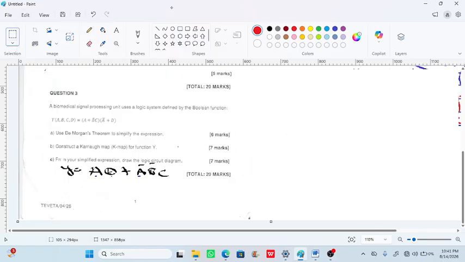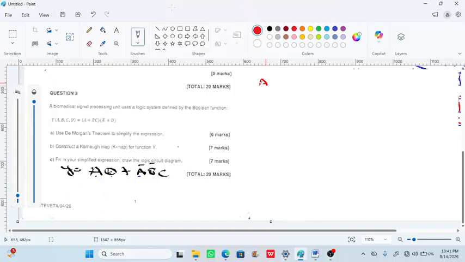So for us to come up with the logic circuit diagram, we have AD. So we just write A and D there. A and D there, we have an AND gate. So this is our AND gate that we're going to have.